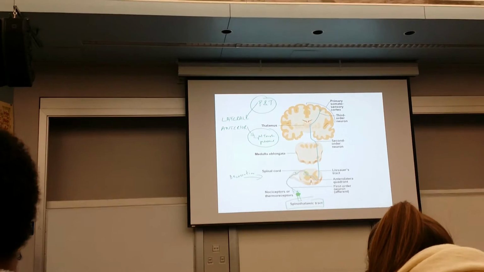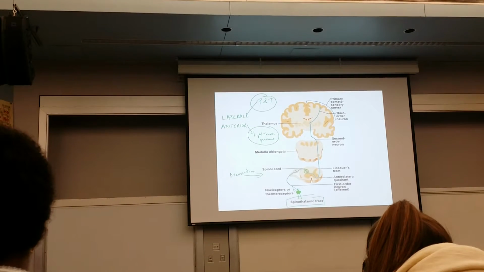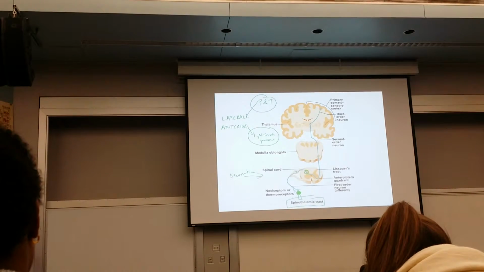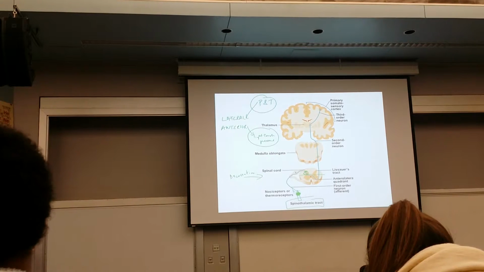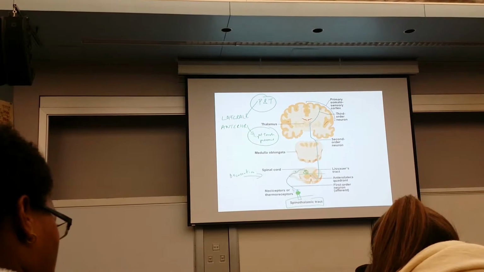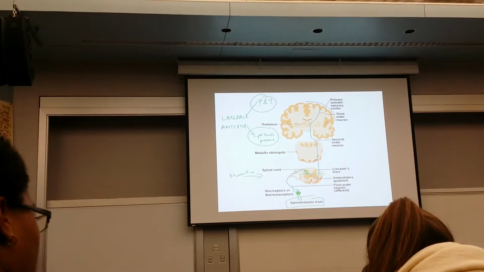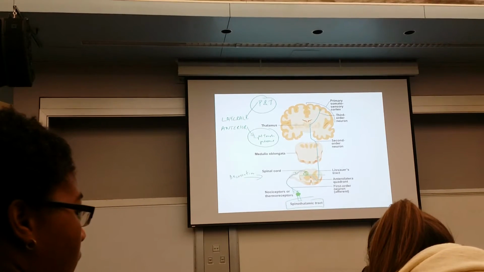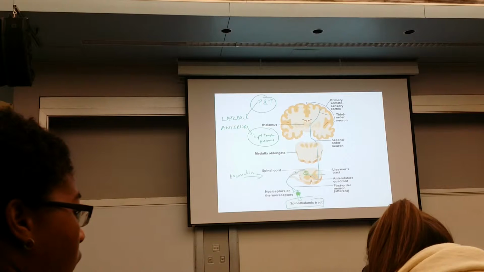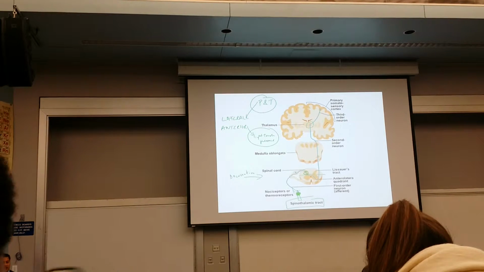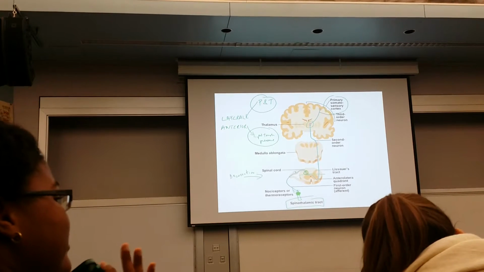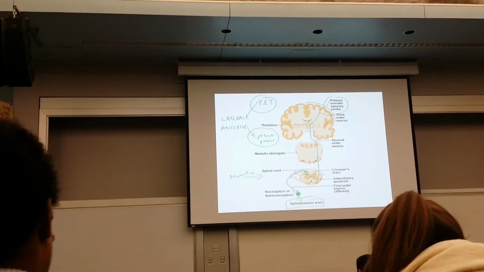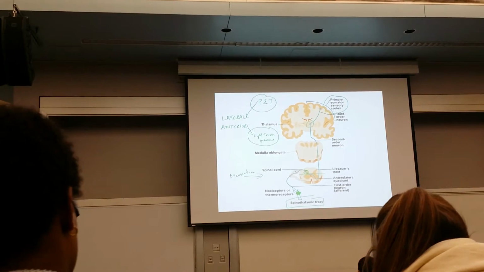And as you can see here, the first order neuron terminates here in the dorsal horn. Remember that in the spinal cord, the dorsal component is the one associated with somatosensory information, right? So it terminates there. Then it crosses immediately to the other side and travels all the way up to the thalamus. And from the thalamus, it travels to the primary somatosensory cortex where the third order neuron is, right? Does this make sense?